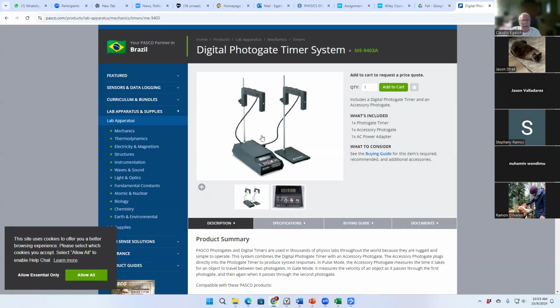The red LED is this one right here in front of the photo gate. It lights up to tell the operator that the photo gate is timing the event.